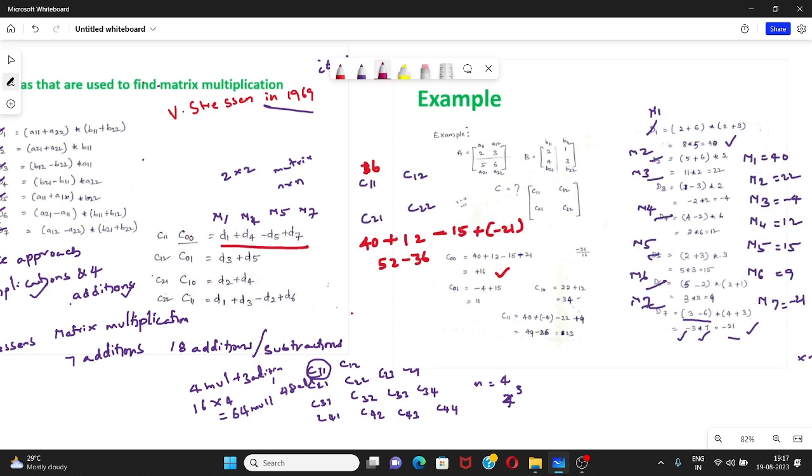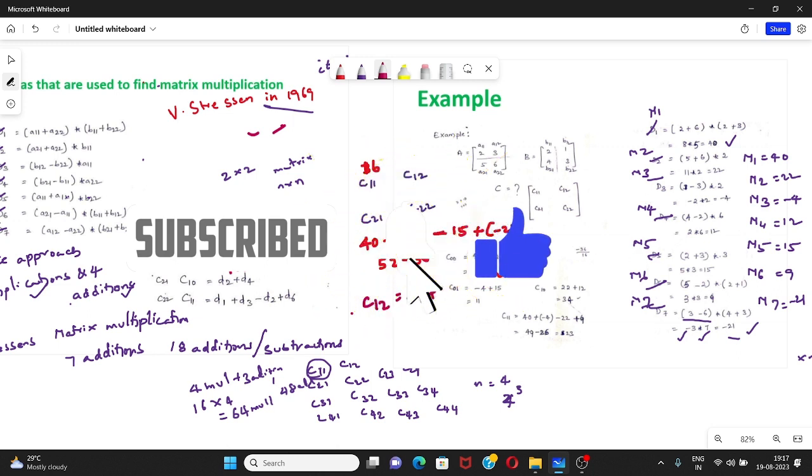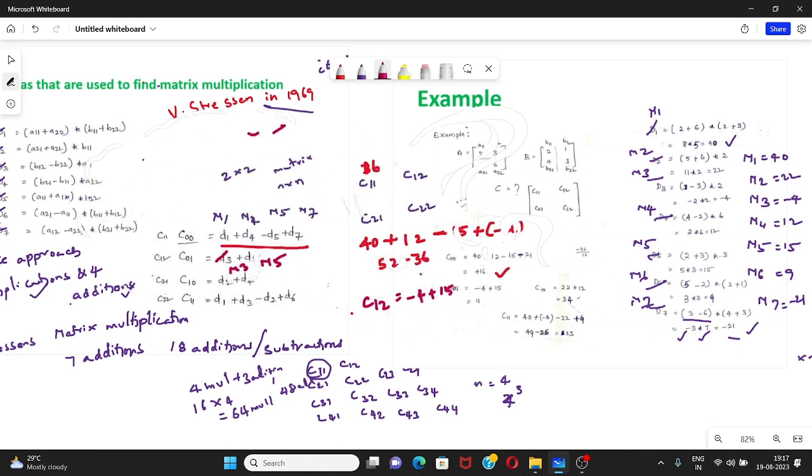For calculating C12, we simply have to use the formula M3 plus M5. What is M3? The value of M3 is minus 4. So for C12, the formula is M3, that is minus 4, plus M5. The M5 value is 15. So this value is 11.